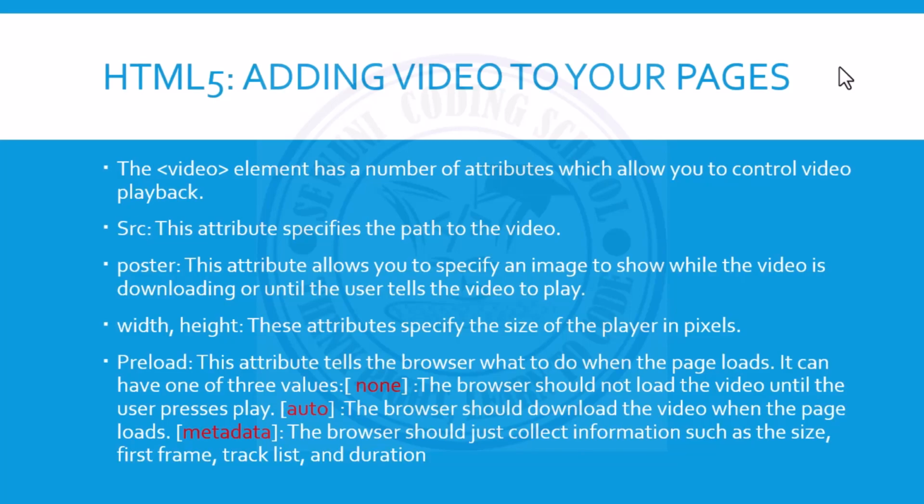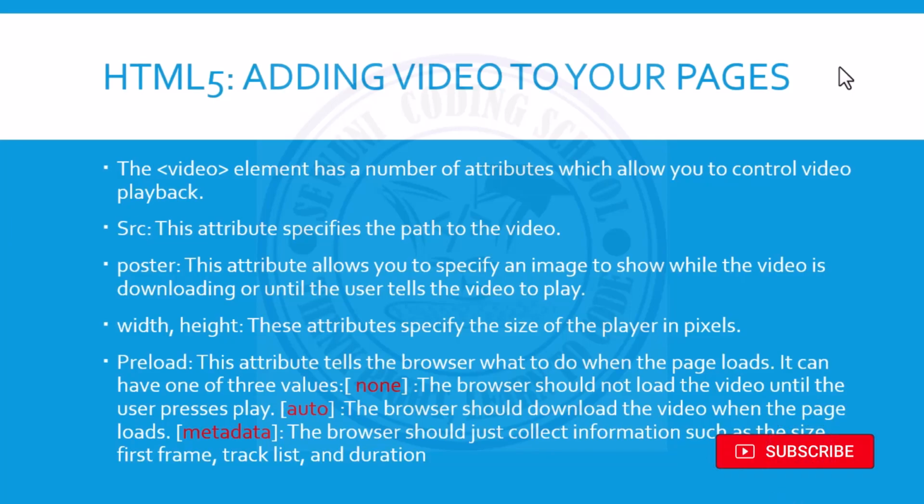Also, poster. The poster attribute allows you to specify an image to show while the video is downloading or until the user tells the video to play. Something like an image that displays as the page is loading, for you to play your video, or for your video to be played automatically.